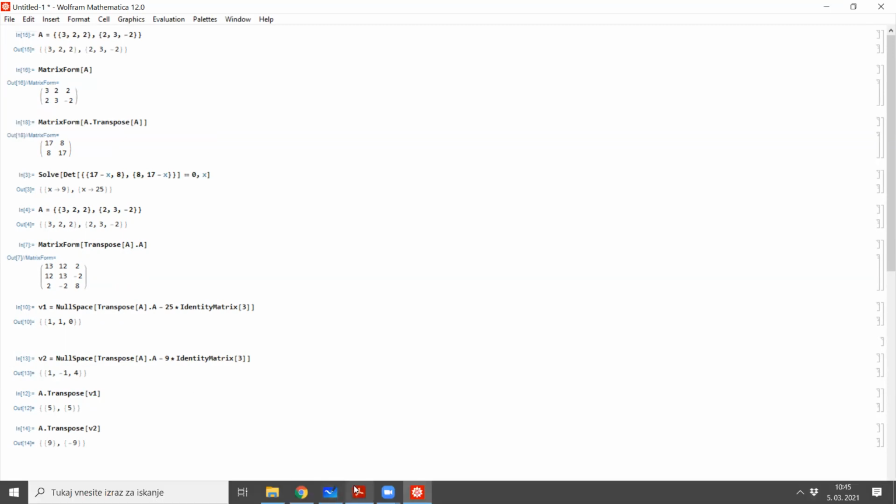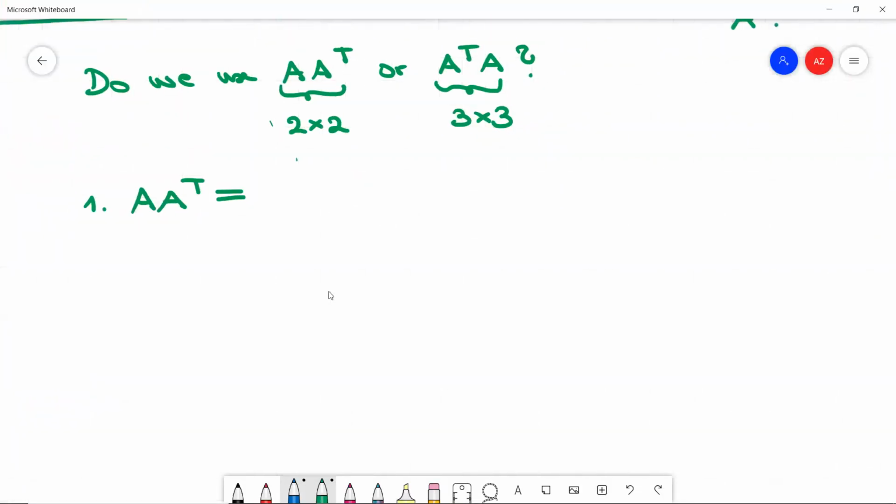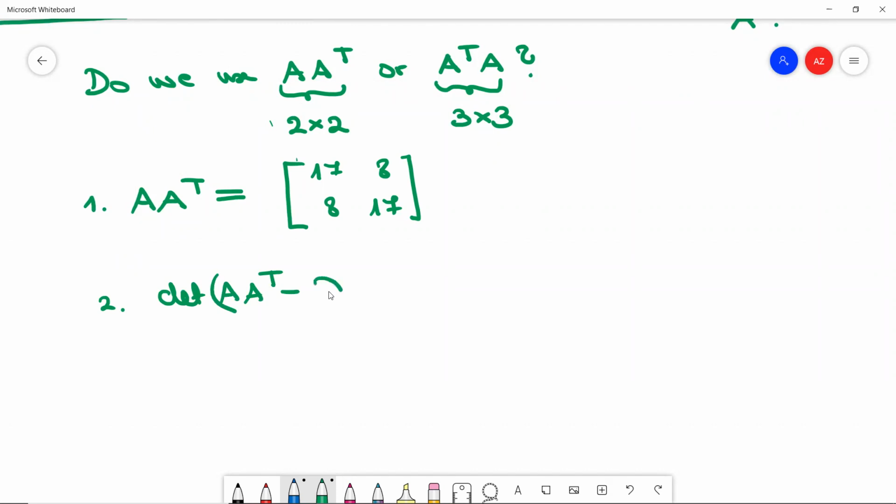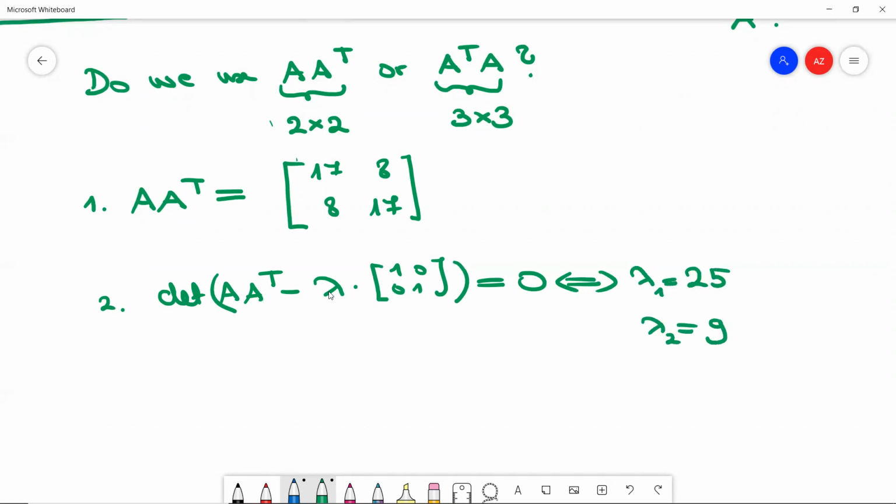Okay, and I will just write the results here, and you will also have them in the handouts. So A A transpose, this is 17, 8, 8, 17. Then the eigenvalues: the determinant of A A transpose minus lambda times identity is 0 precisely when lambda is 25 or lambda is 9.